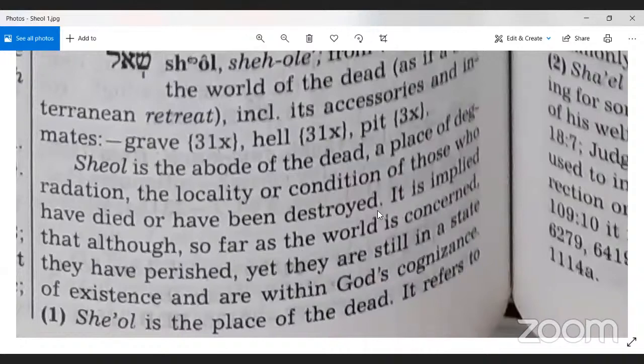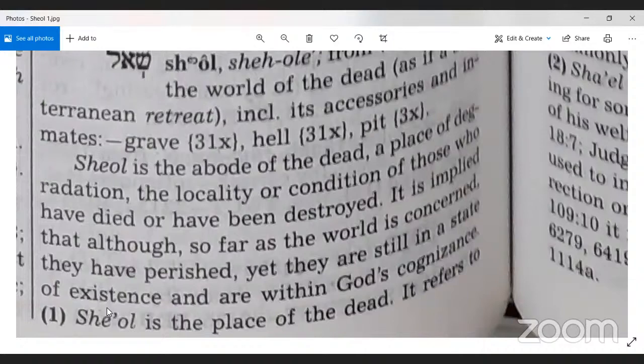It says here where the cursor is, it is implied that, so far as the world is concerned, that's what people think, they have died. So the people think that they're gone, yet they are still in a state of existence. So they still exist. If you still exist, you have to have consciousness. Otherwise, you don't exist.